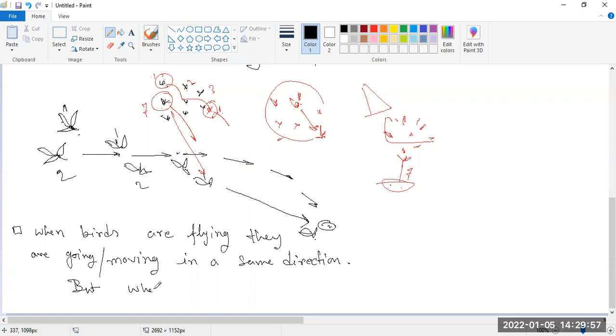But when one bird notices food, it will go in that direction.